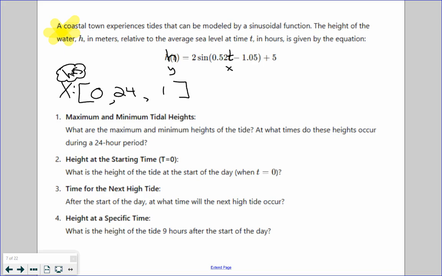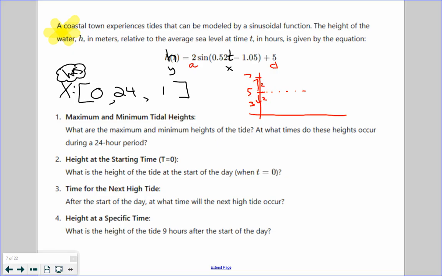Now for the y, you can use all the theory that we've been learning about. This is your a, this is your d. So without drawing anything, we know that our midline is at 5. And from that midline, we're going to go up 2 and down 2.